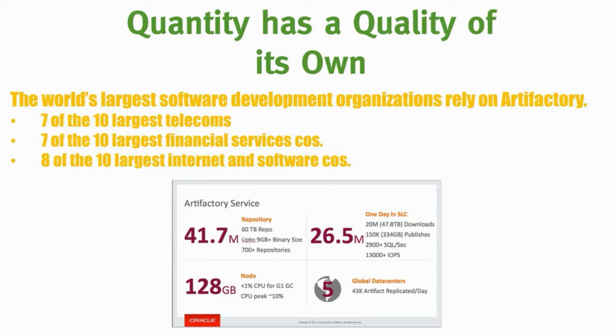We are talking about more than 40 million artifacts, almost 130 gigabytes, reasonably large traffic of 26 million requests per day, and an installation across 5 data centers across the world. Those are good numbers, and that's a relatively big installation.